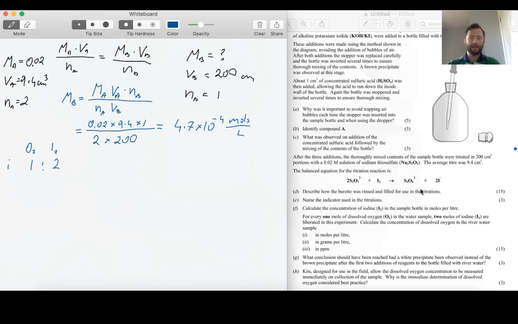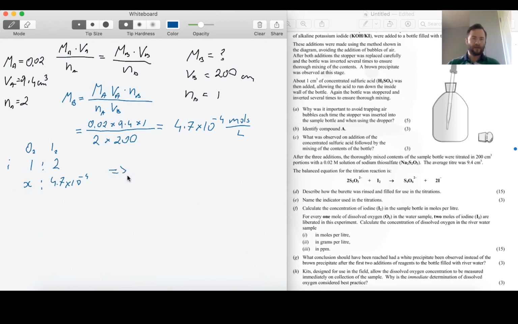Now in this titration, I just calculated that I am using 4.7 times 10 to minus 4 moles per liter of iodine. So to find the concentration in moles per liter of oxygen, I simply need to divide this by 2, because I know that 4.7 times 10 to minus 4 moles of iodine would be released if a certain number of oxygen molecules were present in 1 liter of water.